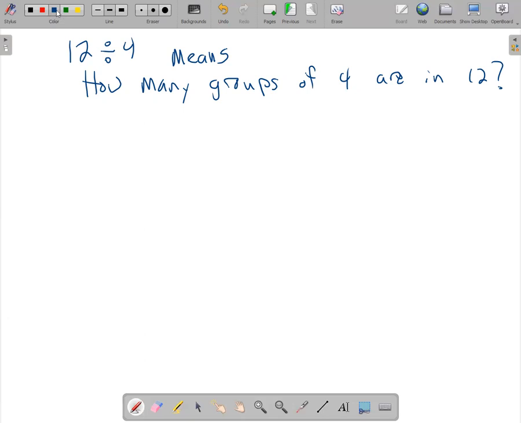Now, physically, this often leads to an array version of the answer. And remember, array is just a grid of things, like a rectangle.